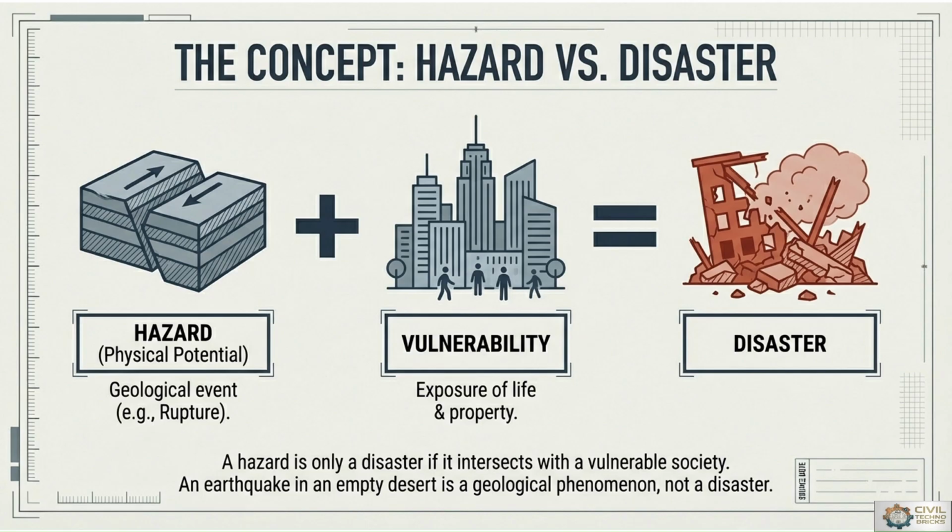The hazard represents the physical potential of a damaging event. Vulnerability is the exposure of people, structures and property to risk. Disaster occurs only when hazards affect vulnerable communities.